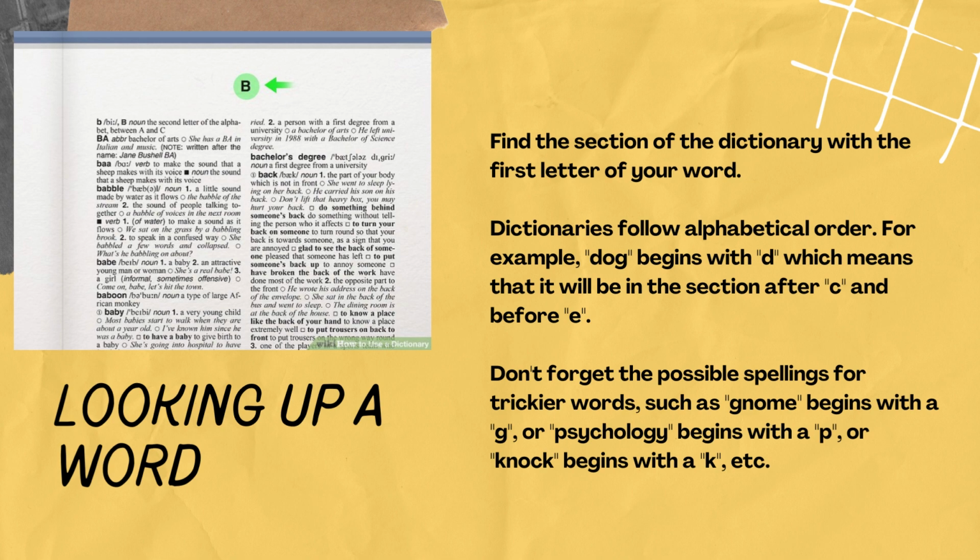So dog begins with D, which means that it will be in the section after C and before E. And do not forget the possible spellings for trickier words, such as, for example, gnome, that begins with a G, or psychology, that begins with a P, or knock, that begins with a K, and so on.